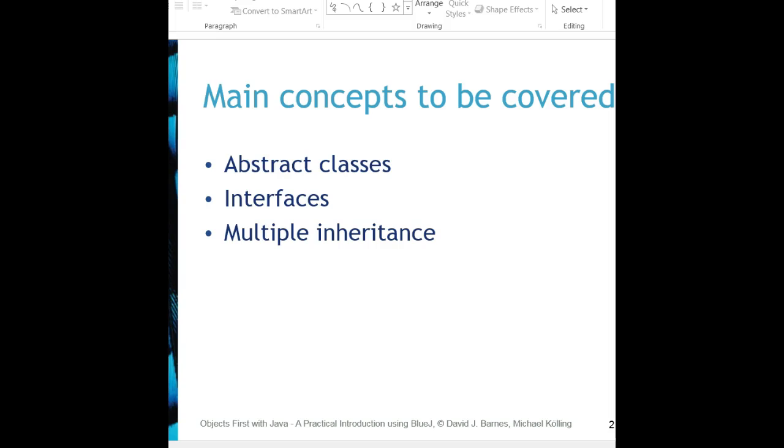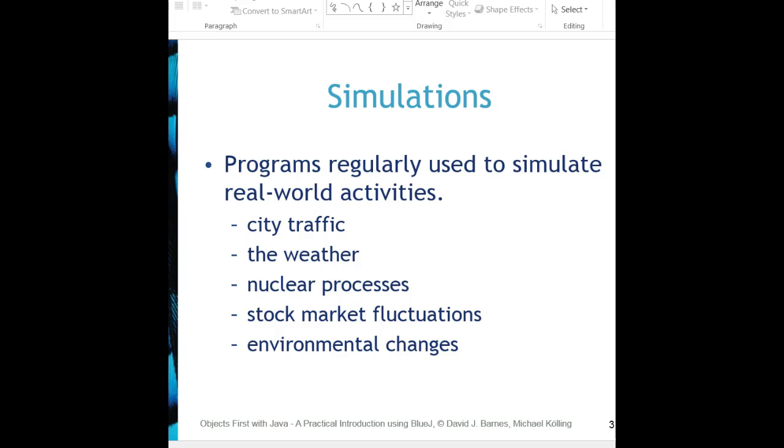Okay, so let's start with the topic today. Today we are going to talk about simulation in this chapter, and look at the benefits of simulation. Maybe some of you are familiar with it, but for those of you who are not, let me explain briefly.